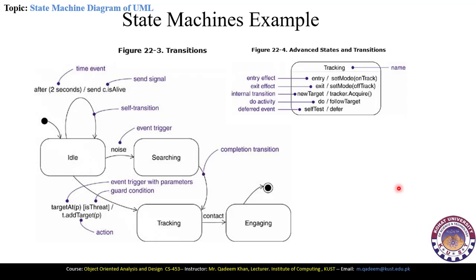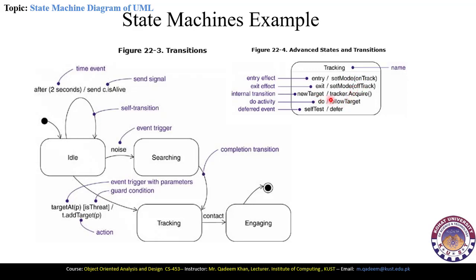Now you can see that in the tracking state there will be certain functions: entry, exit, new target, do, self test, and set mode, target.acquires. Entry means set mode on track, and exit means set mode off track. On track will be in the entry state and off track will be the exit state.